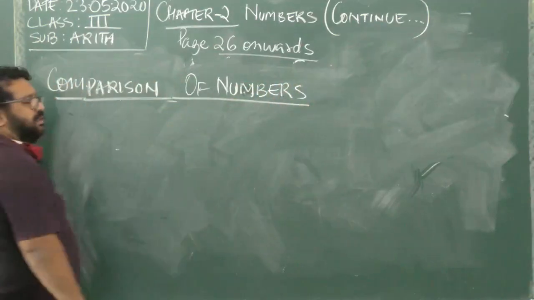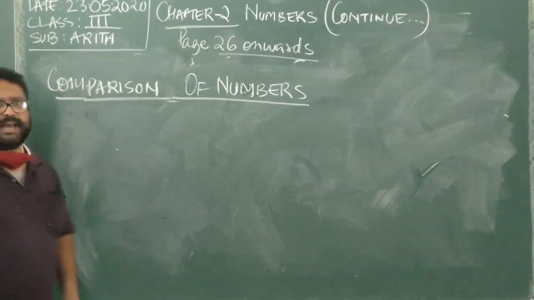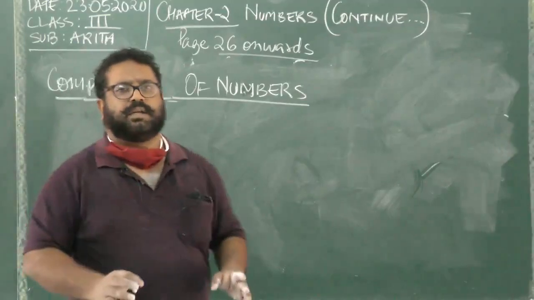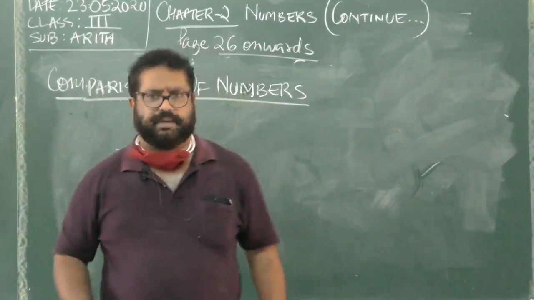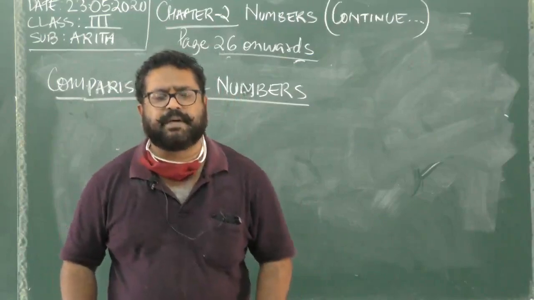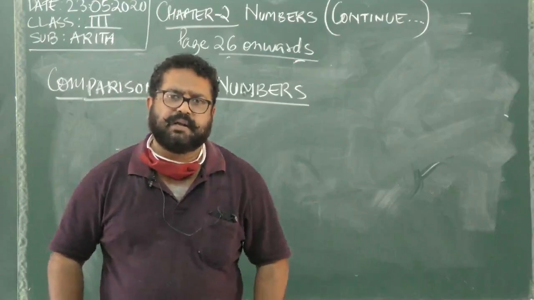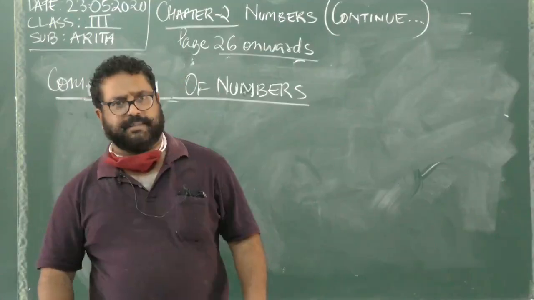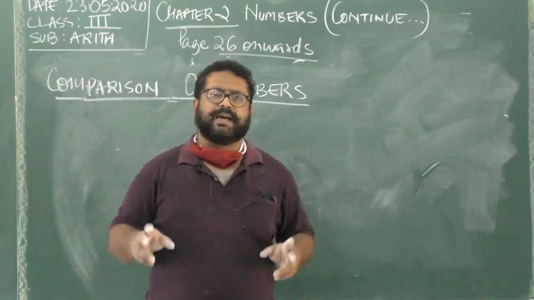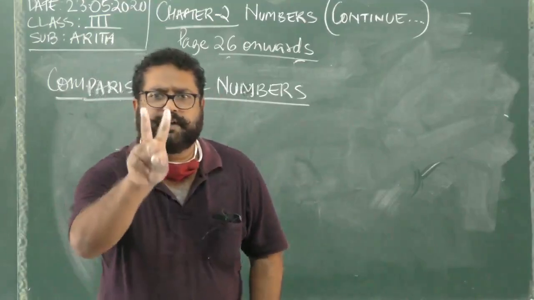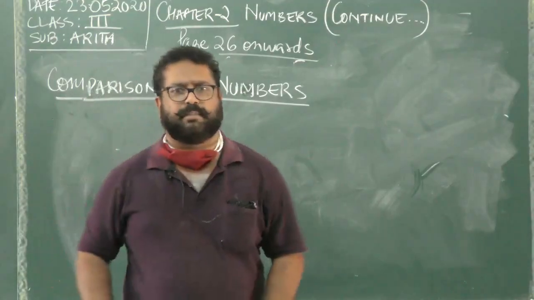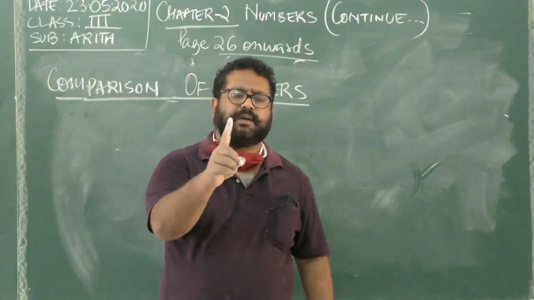The word comparison means when you compare numbers. And to compare numbers, you need to understand which number is a bigger number and which number is a smaller number. And comparison is always made between two or more than two numbers. We cannot compare one number on its own.